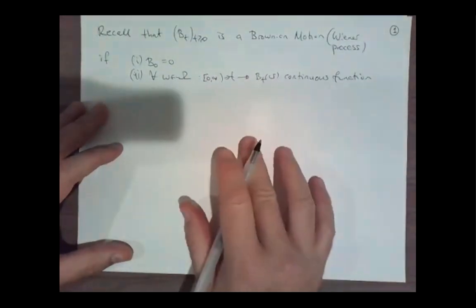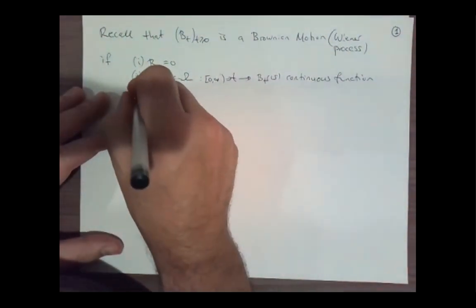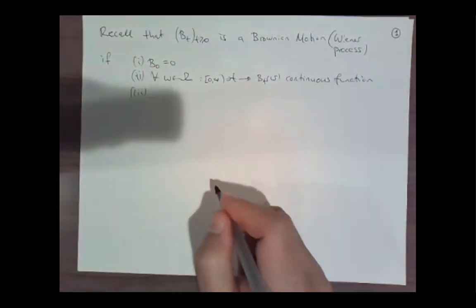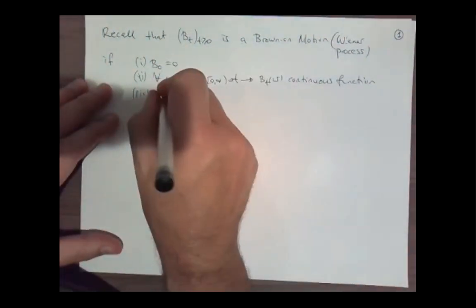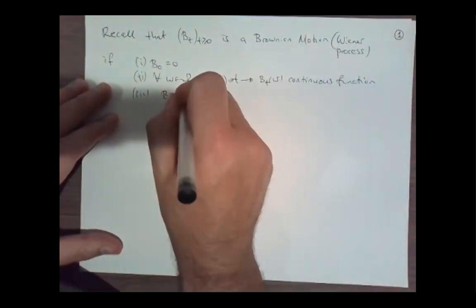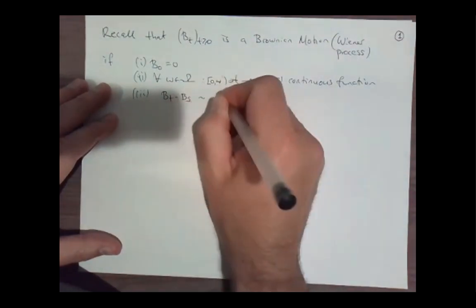Those are the path properties. And then we also have the distributional properties. We are saying that Bt minus Bs is going to be normal.